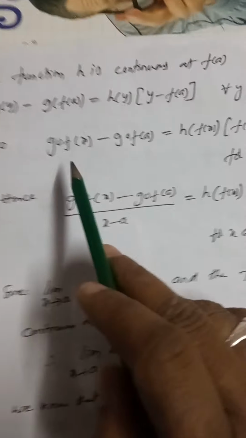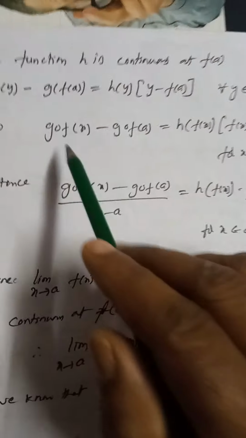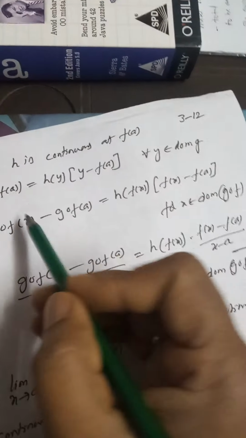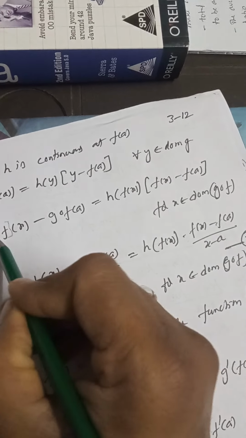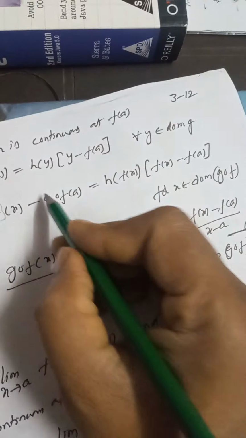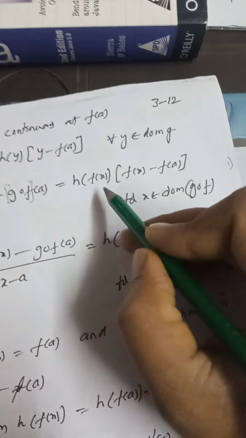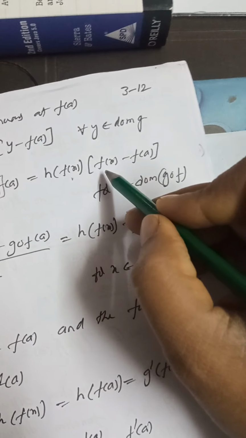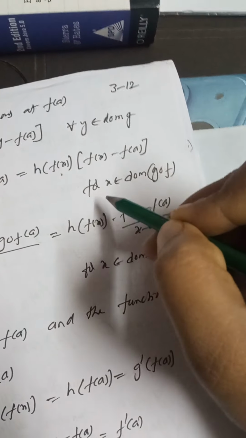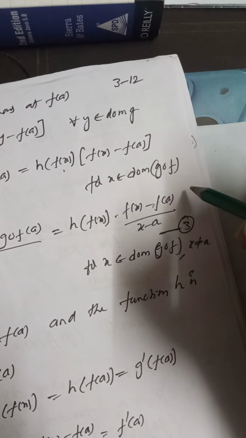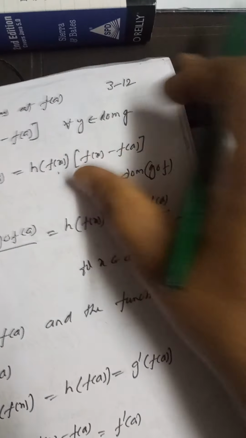Now see here, g circle f of x minus g circle f of a is equal to h of f of x into f of x minus f of a, for all x belonging to the domain of f, where y is nothing but f of x.